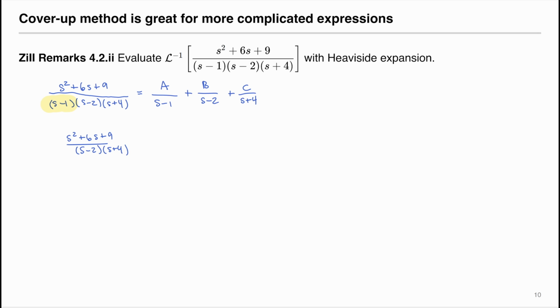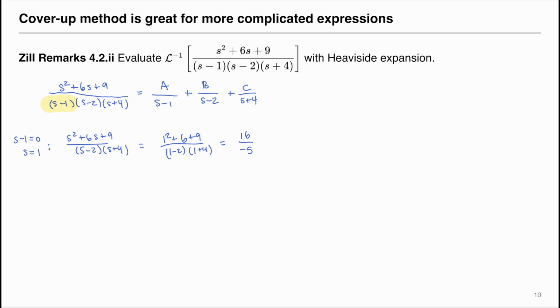We evaluate so that s minus 1 equals 0, so s equals 1. And then 1 squared plus 6 times 1 minus 9, divided by (1 minus 2)(1 plus 4), which is minus 5.